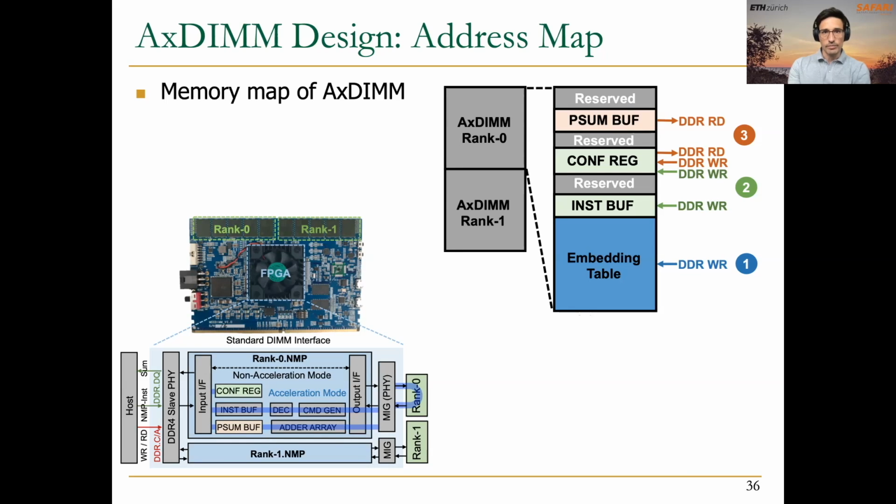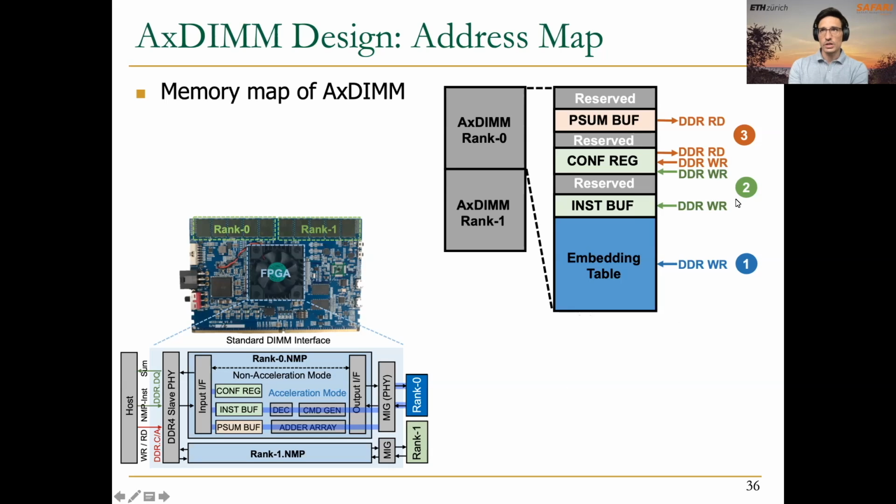There are some addresses reserved for the configuration registers, some addresses reserved for the instruction buffer, and then the rest of the address space is for the embedding tables residing in the ranks.